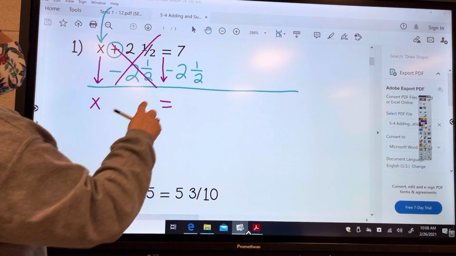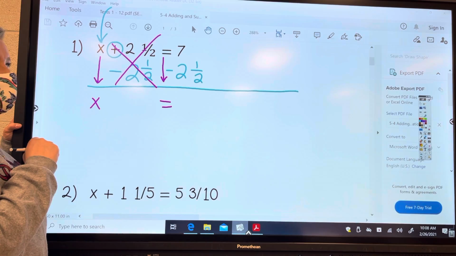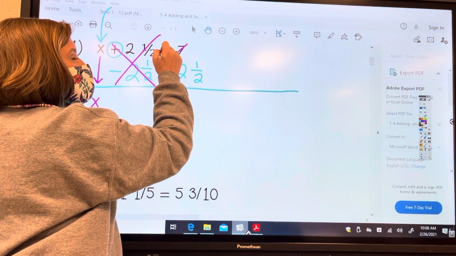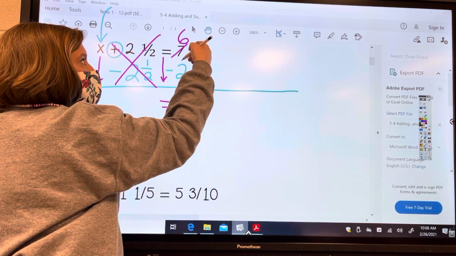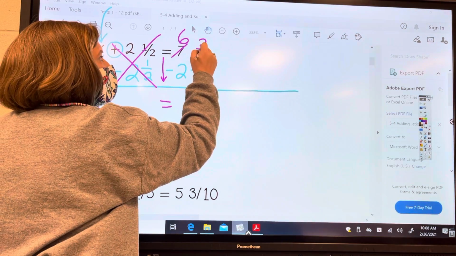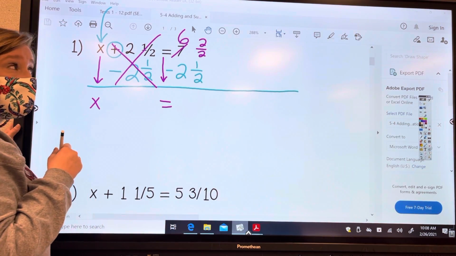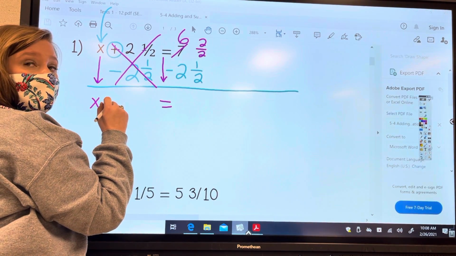So, can I take half from nothing? So what do I need to do? I've got to borrow. 7's going to change to 6. And what do I want my whole to look like over here? 2. Because that's one whole, and I already had a 2 right here. So now, 2 minus 1 is 1.